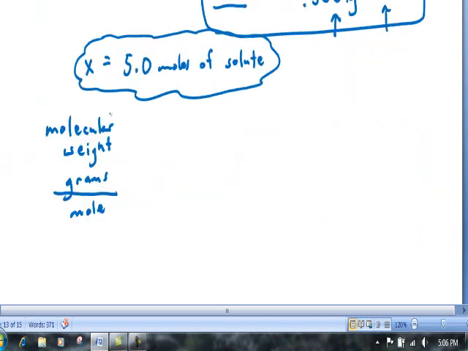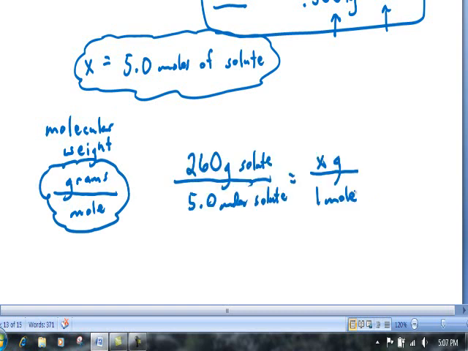Now our goal is trying to find the mass of 1 mole of this non-electrolyte. Molecular weight is measured in grams per mole. So there's 2 things we need to know to solve for this. We need to know grams and we need to know moles. By using a proportion, we have 260 grams of solute, which is the information we're provided.